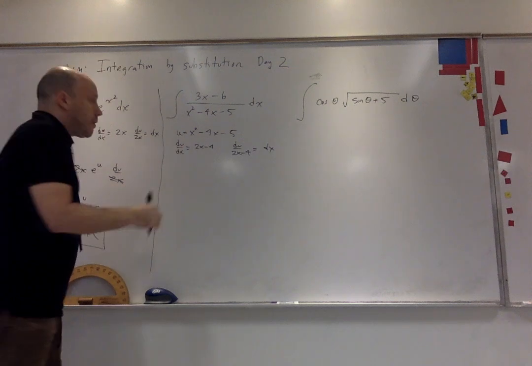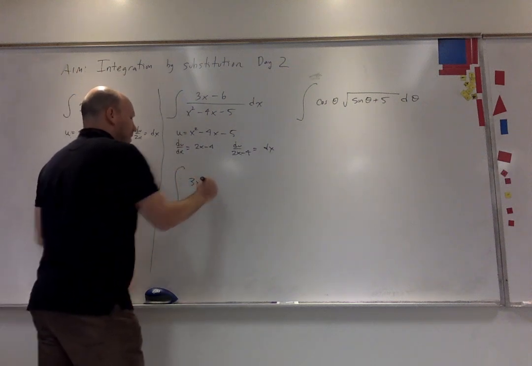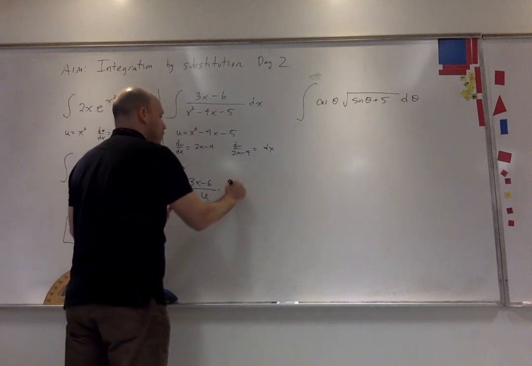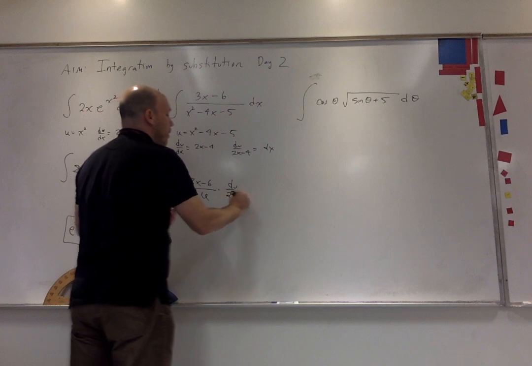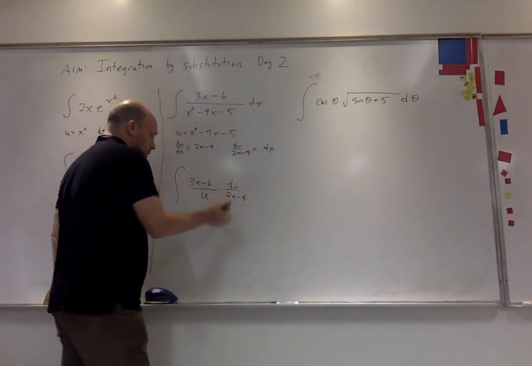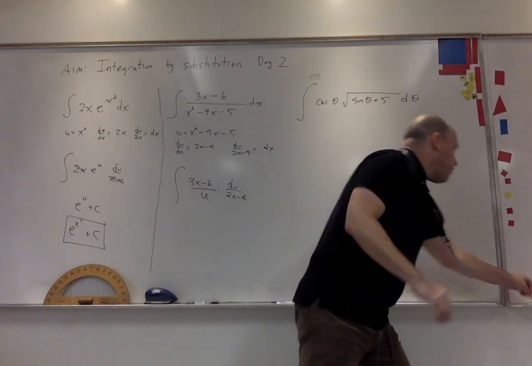Let's see what happens. Let me plug this back in. Well, I did get rid of my x. I have my u in the denominator, I have my du, and these are going to cancel each other out, because both of these, let's say I didn't know, you can factor.